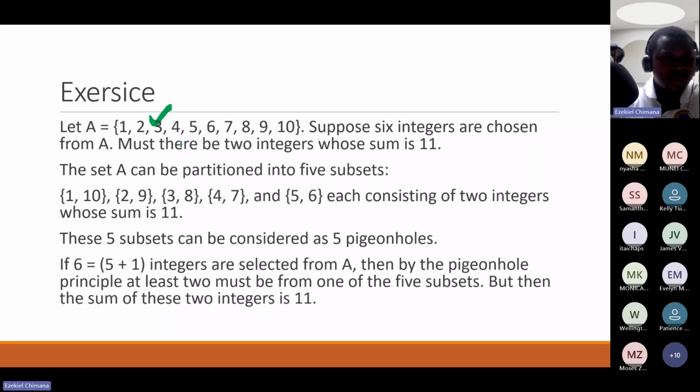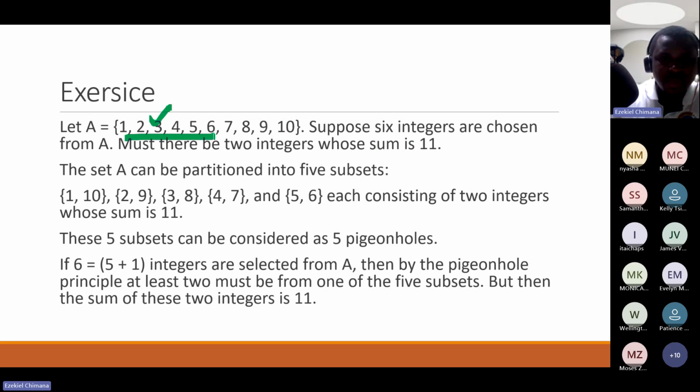If you pick 6 integers, maybe 1, 2, 3, 4, 5, 6, from what you have picked there must be two integers whose sum is 11. If you say 5 plus 6, we get 11, which means this one will be true.